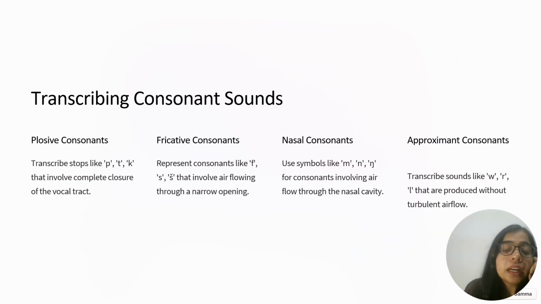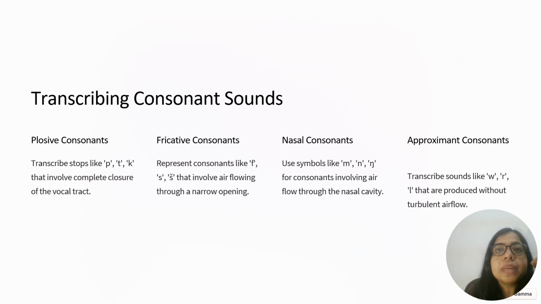Now starting with transcribing consonant sounds. First are plosive consonants. Transcribe stops like P, T, K that involve complete closure of the vocal tract. When we say P, T and K, we are completely closing the vocal tract, the tract where the sound moves out.